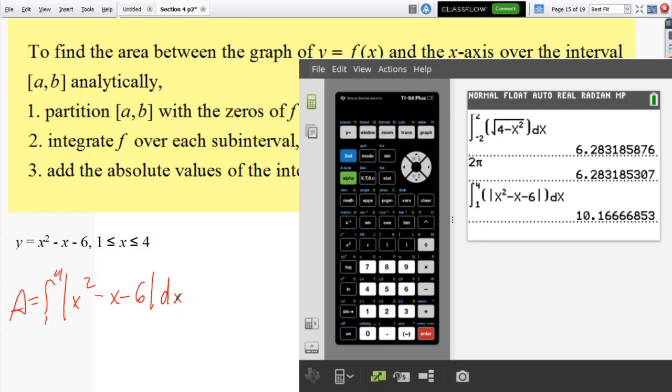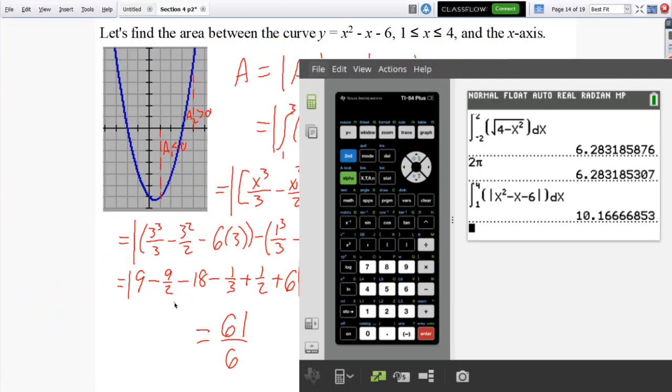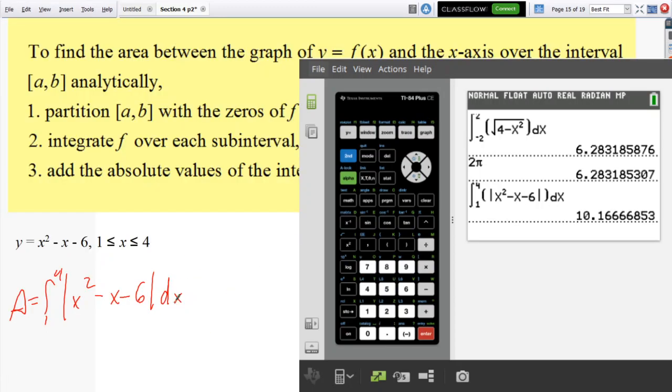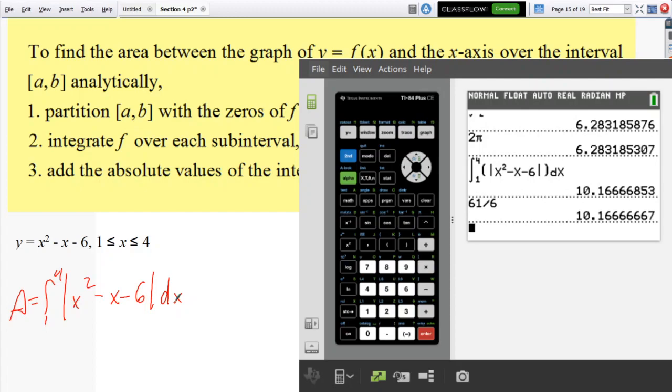And look at that, 10.166666666, which, if I remember what my answer was from the previous problem, 61/6. Look how close they are.